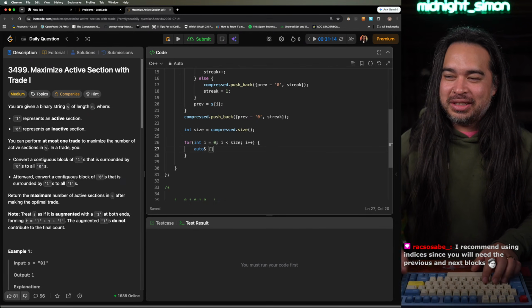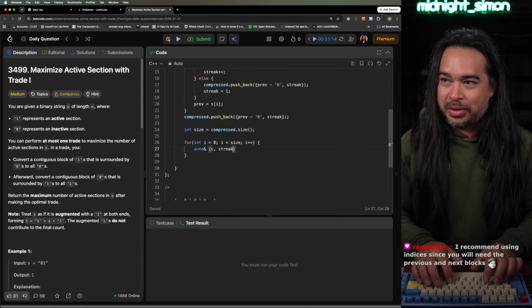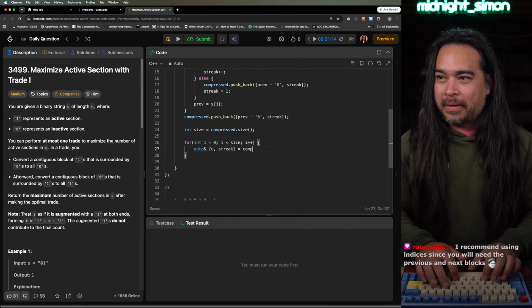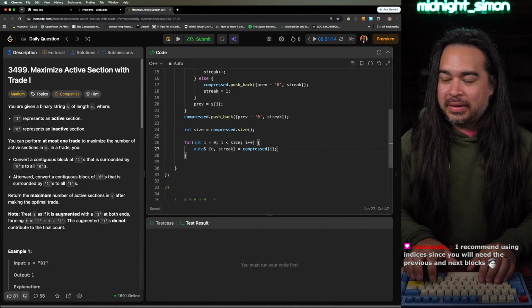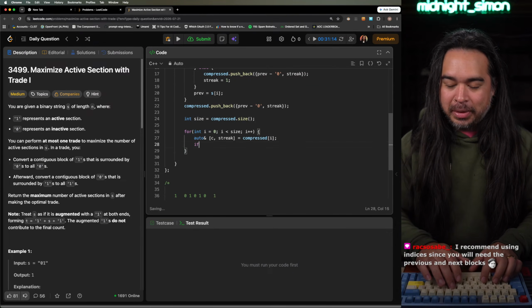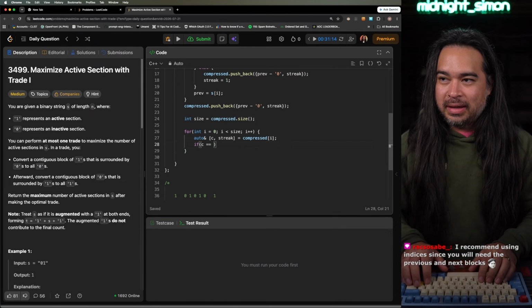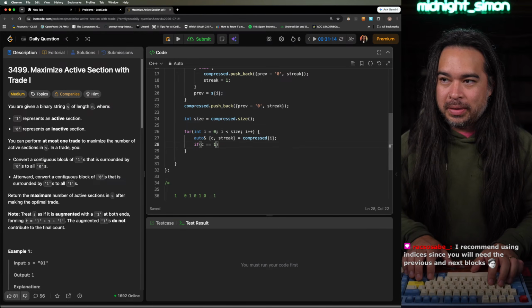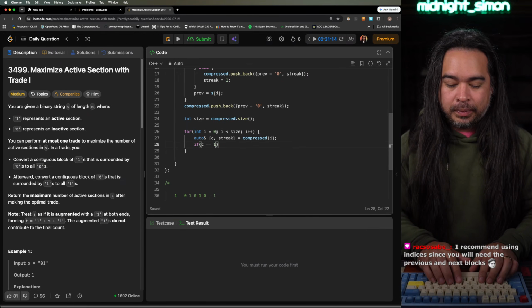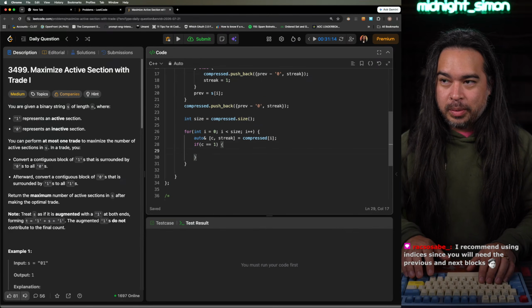So, how do you do this? Character, streak, compressed i, right? So now I'm gonna be like, if this is a 1, then that's what we're looking for.